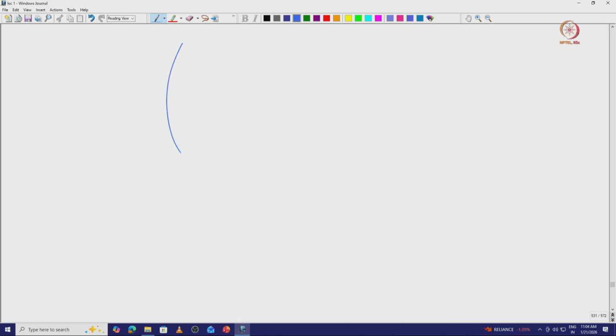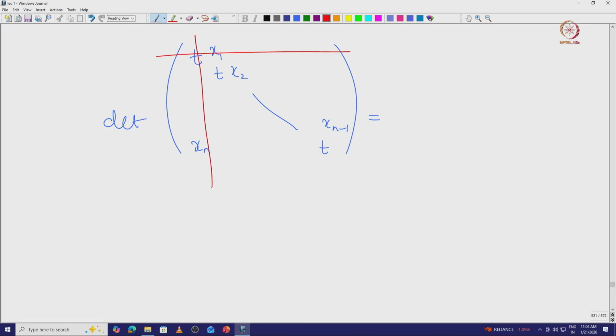So, the determinant, you can see that if you are going to take this matrix t, t, etc., t, x1, x2, and then x_{n-1}, and then x_n. If you look at the determinant of this, and if we expand, for example, using the first row and first column, then you can easily see that this is exactly equal to t times the determinant of this diagonal matrix t, t, t, with the off diagonal entries x2, etc., x_{n-1}, all other entries being 0, plus.